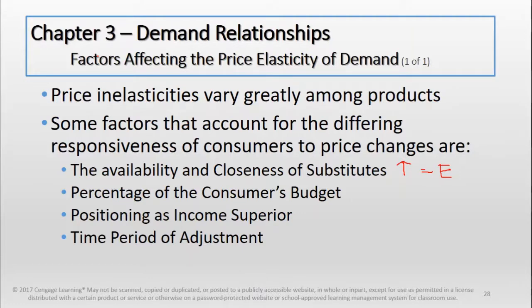So, again, the greater the percentage of the budget spent on a good, the larger the purchasing power released by any given price reduction or absorbed by any given price increase. So, the larger the income effect, the greater the price elasticity for income superior na goods.